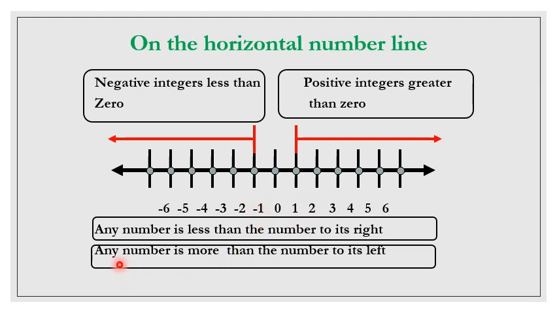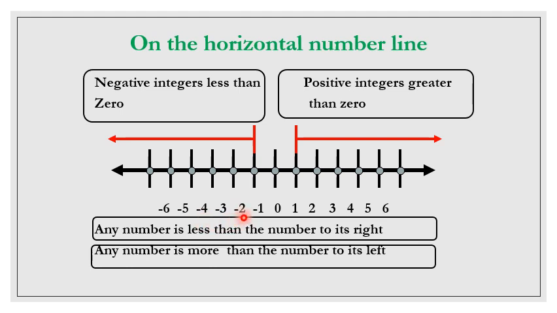And this is another statement: any number is greater than the number to its left. That means if I want to compare negative 2 and negative 4, which number will be greater than the other?